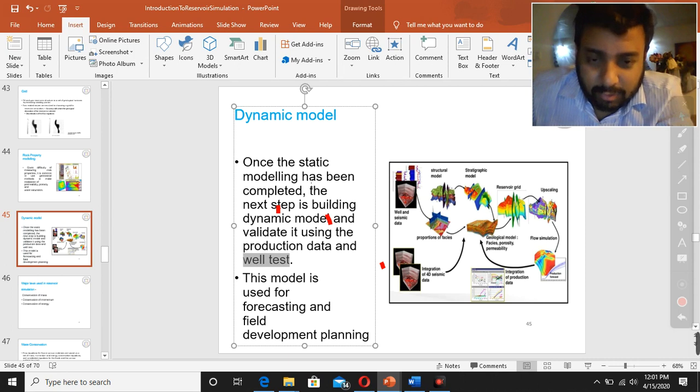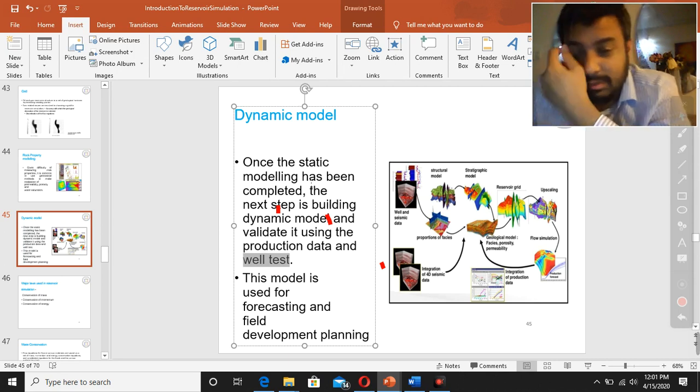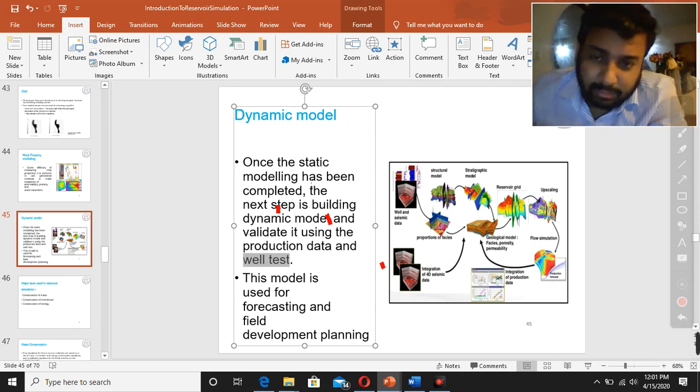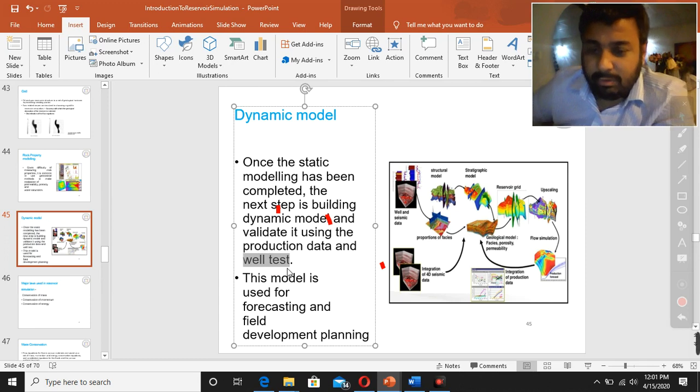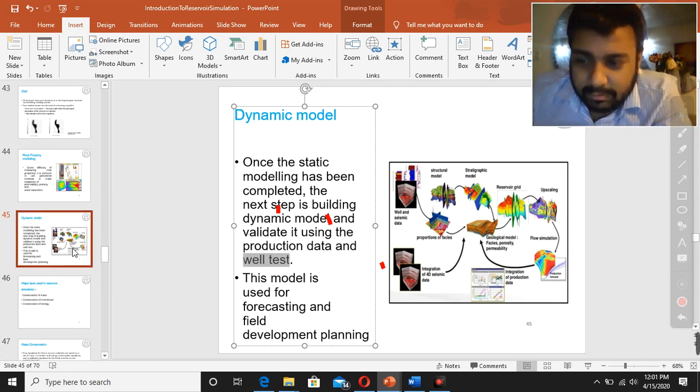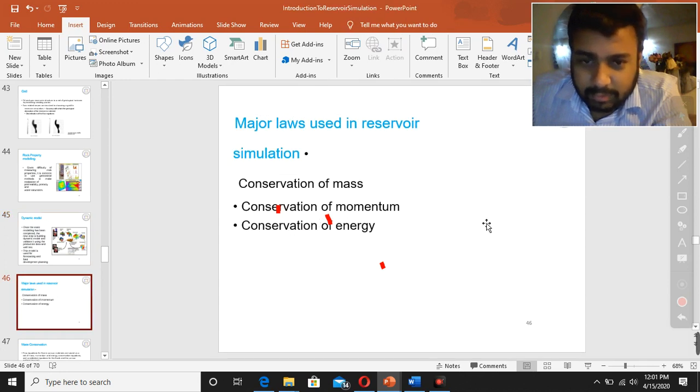The model that you develop in the software has to give the same production rates as given by the real production well. So both have to be matched. This is called the dynamic model. What we do, we update the parameters, we check where the problem is, why our model is not giving the real results as given by the real fields, and so on.